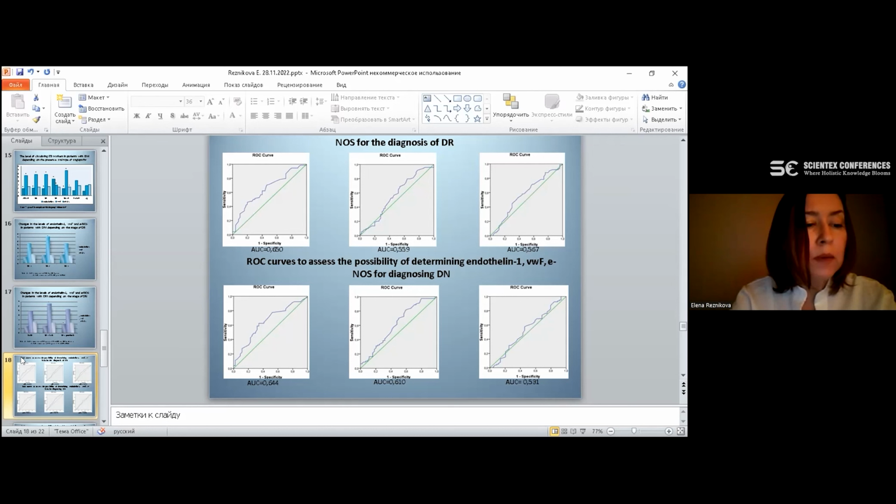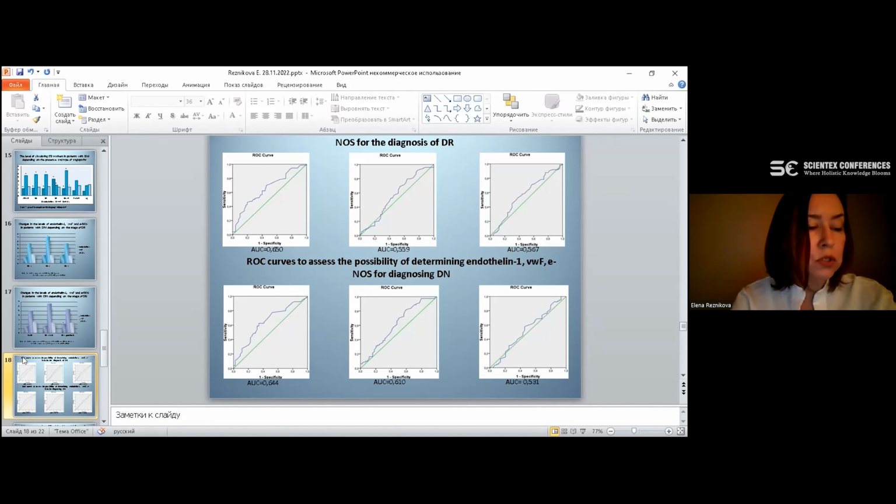At the optimal threshold value of 1.78 picomole per milliliter, the predicted value of a positive test for diagnosis of diabetic retinopathy and diabetic polyneuropathy was 71.8%.